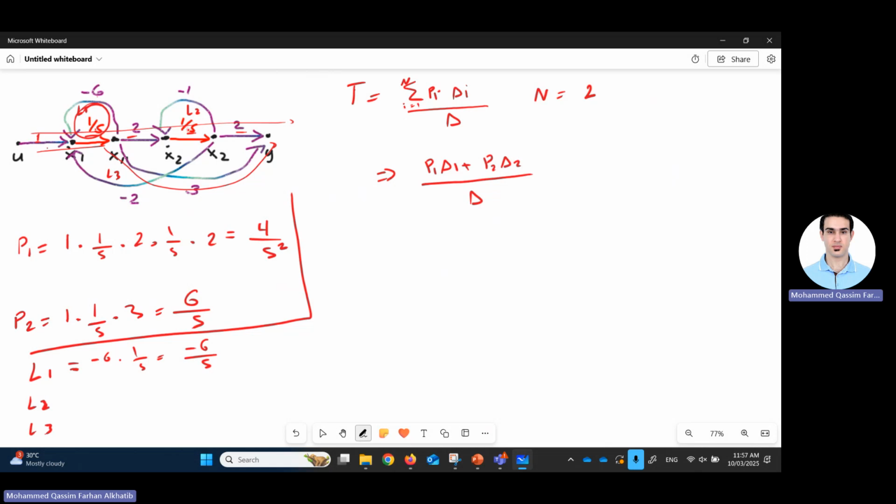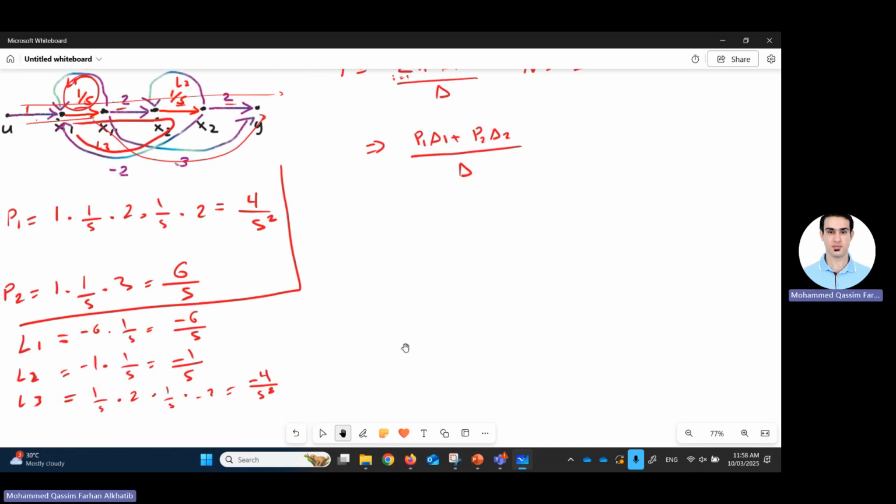Second loop, I have 1 over s and negative 1. So negative 1 over s. Third loop, we have these branches. So I have 1 over s times 2 times 1 over s times negative 2. Negative 4 over s squared. So we find the loops.